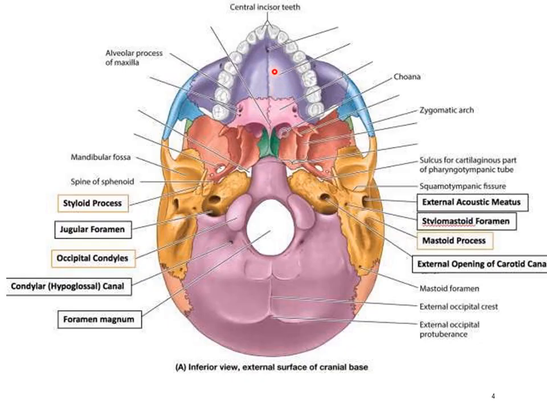The anterior part of the norma basalis consists of the hard palate. You can see here, this is the hard palate, and the alveolar arch. This is the alveolar arch containing the upper teeth.